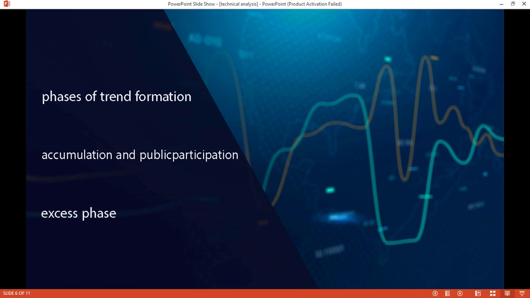the excess phase, the third part of the move, starts.